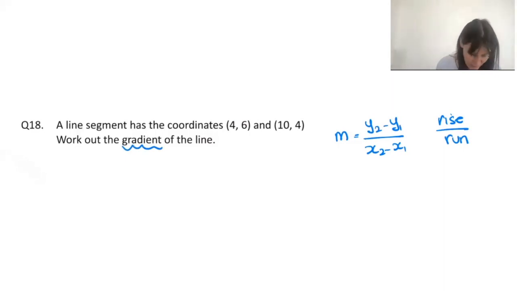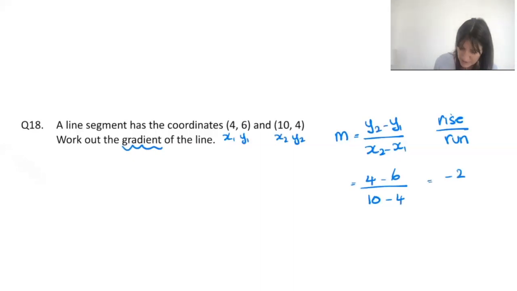I'm going to label up my coordinates, x1, y1, x2, y2. And then I'm literally just substituting in. y2 is 4 and y1 is 6. I've got 10 and then minus 4, which is going to give me minus 2 over 6, which cancels to minus a third. So the gradient of that line is minus a third.